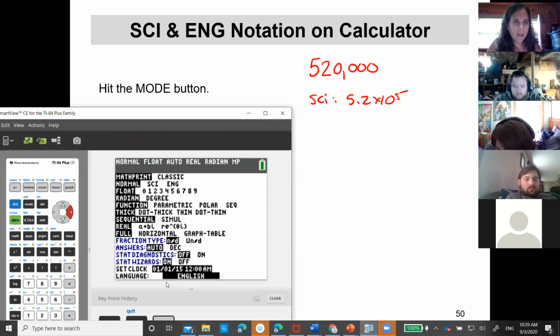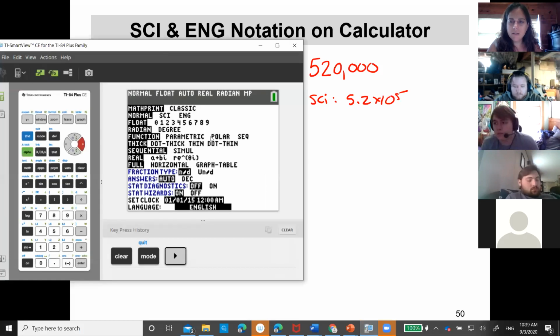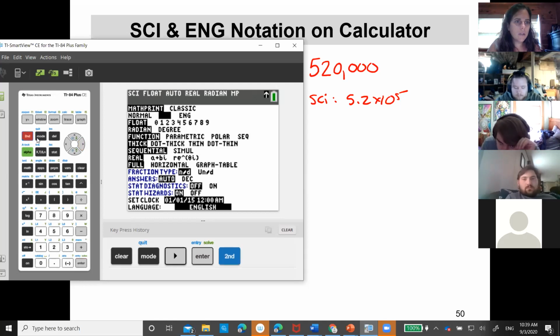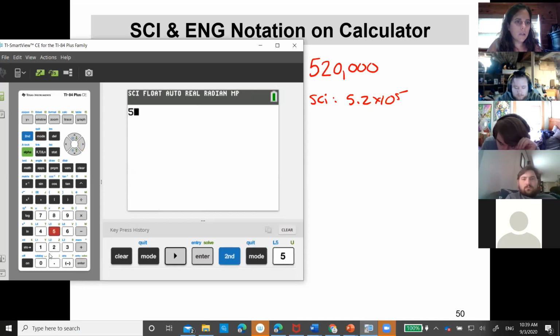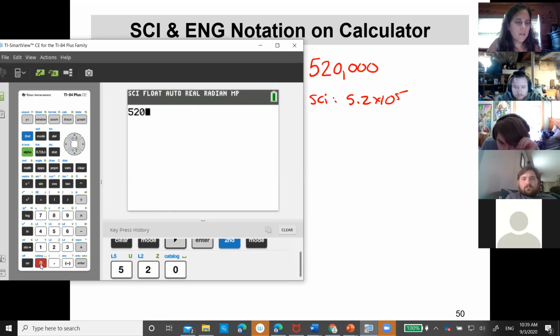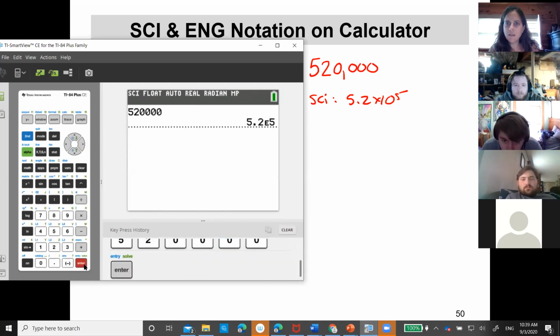So I've got to put my calculator in scientific notation. And I'm going to type 520,000. Hit enter, and look what I get. It doesn't exactly say times 10 to the 5th.